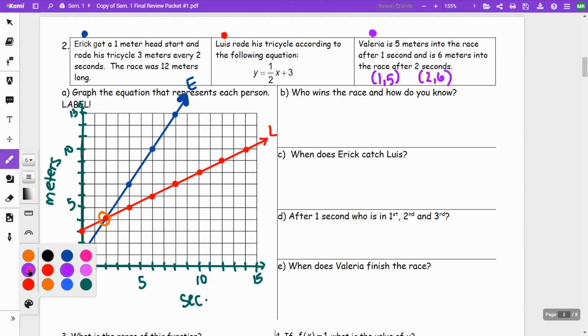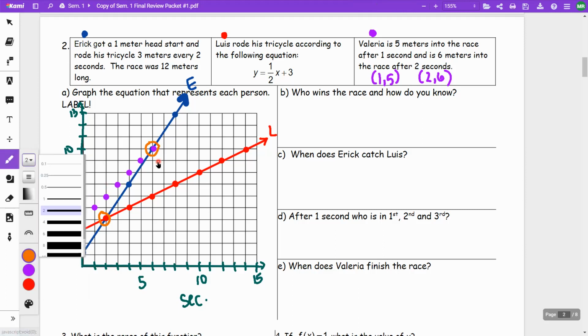So now let me graph Valeria. So she's at 1,5 and 2,6. So it looks like she's going 1 meter every 1 second. So let me continue that pattern. And right here, she meets, oops, doing a different color. She meets with Eric right here. Okay, so let me continue.